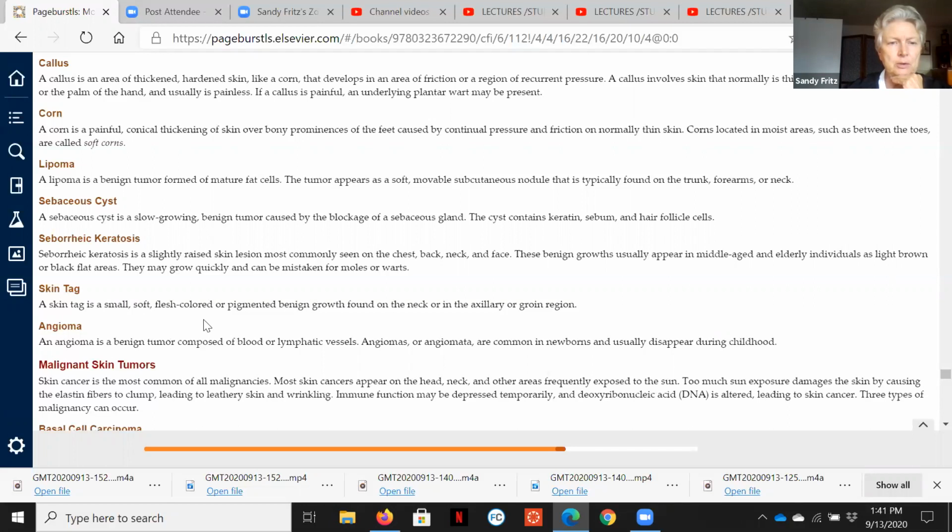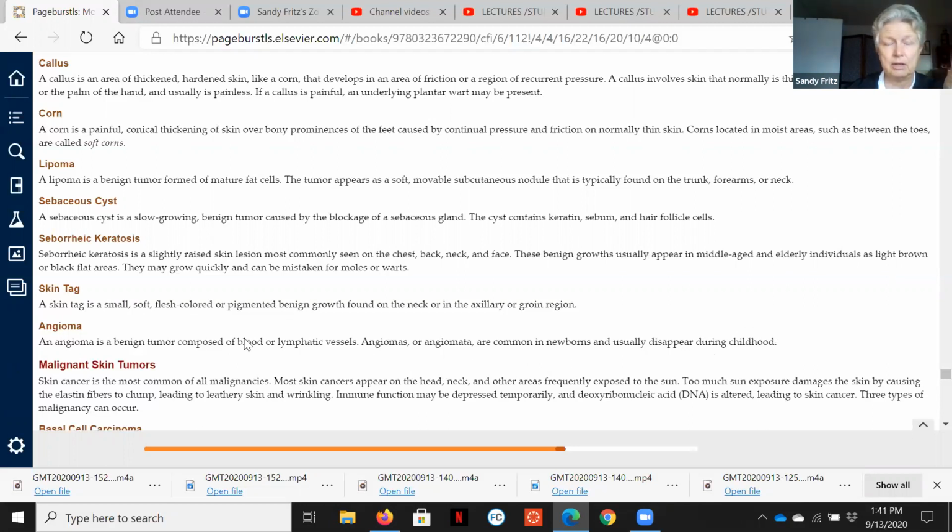Now, an angioma is usually presented at birth, and then many times they'll disappear, but sometimes they don't. They can be a real mass and tangle of vessels in there, and there's a tendency for them to bleed easily.